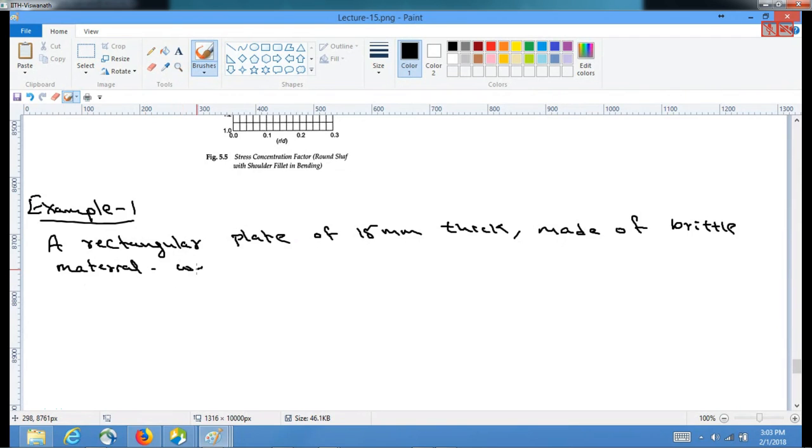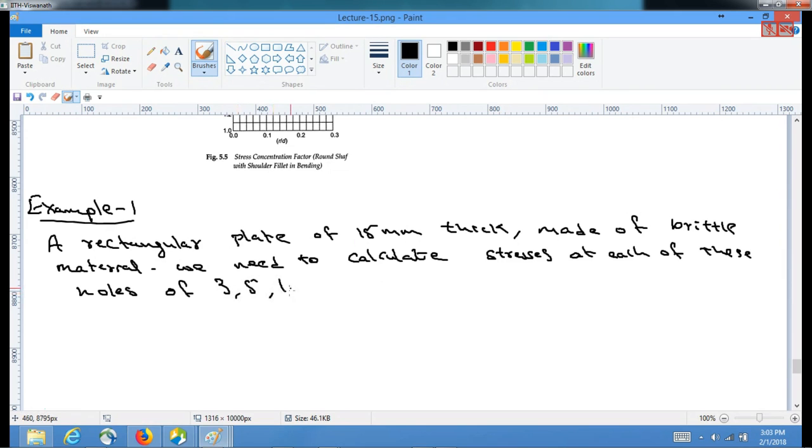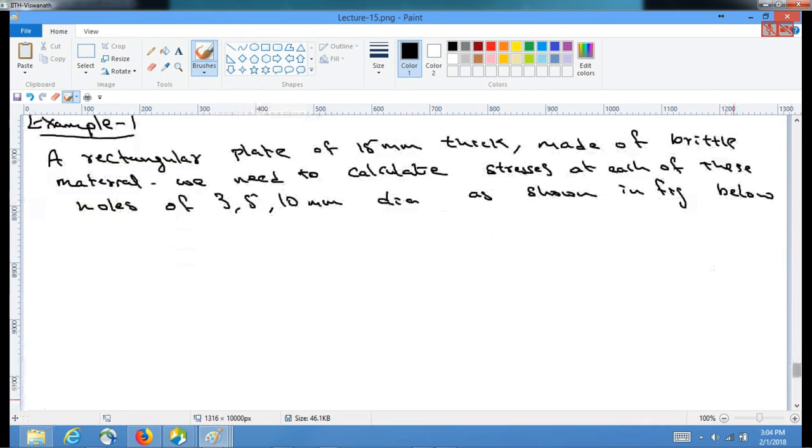We need to calculate the stress concentration, or the stresses, at each of these holes of 3, 5 and 10 mm diameter, as shown in the figure below. Let's get the problem description figure.